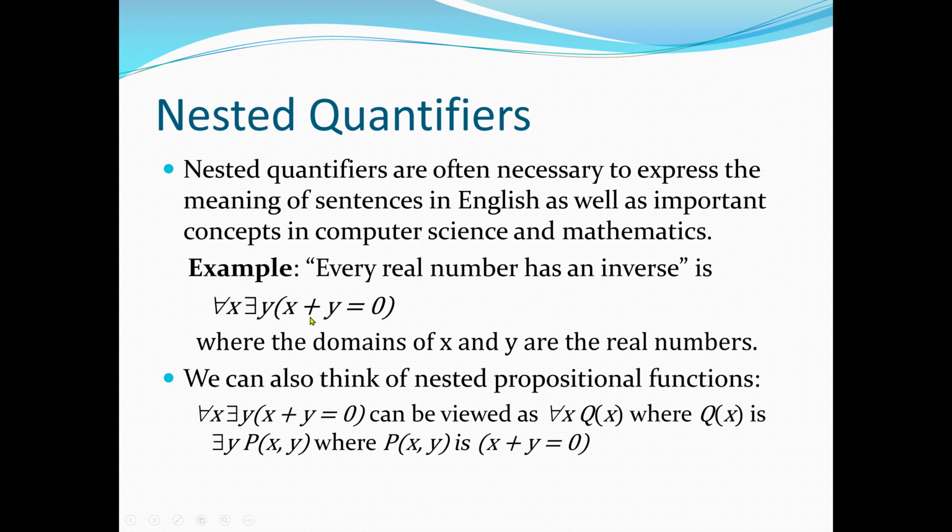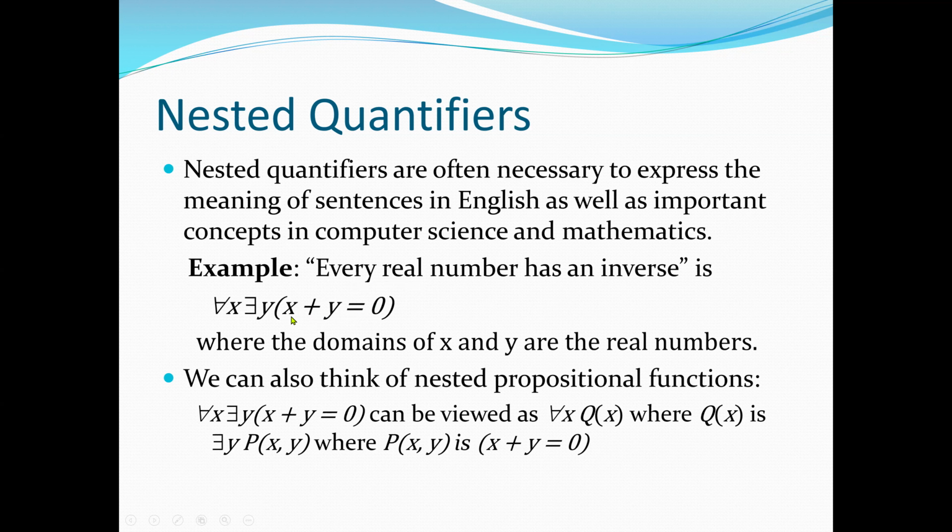If x plus y equals 0, it means for any value of x, the inverse of that value will be the y value. For example, 10 plus negative 10 is 0. That's why we are saying every real number has an inverse. The inverse here makes the addition of x plus y equal to 0.